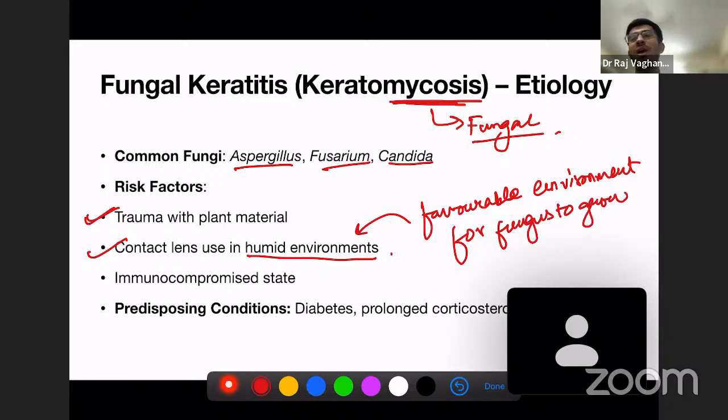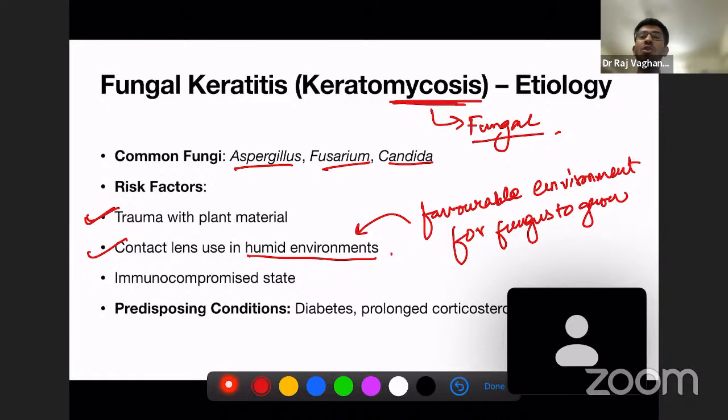Whenever you are using contact lenses, you are making your cornea susceptible to organisms. In humid environments, fungus is present more than bacteria, and it has more chance of penetrating your cornea and causing fungal keratitis. So in humid environments especially, fungal keratitis occurs. Otherwise, bacterial keratitis occurs.